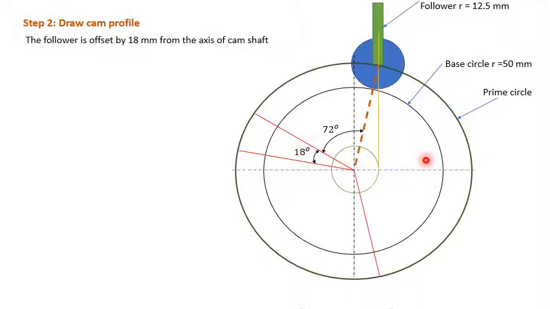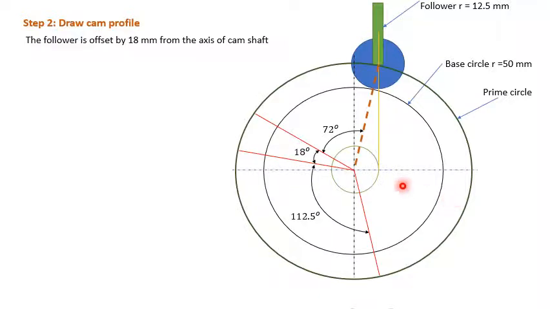Next is the return stroke, which is 180 degree, right? The return stroke of 180 degree is again divided into two periods, acceleration period and retardation period. See, here also be careful while splitting.